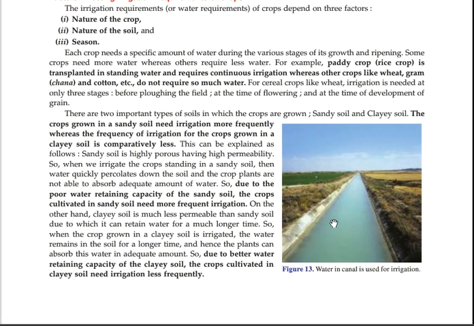Irrigation, see this figure. For irrigation purposes, we use canal, due to the better water retaining capacity of the soil, also responsible for cultivation of crop plants.